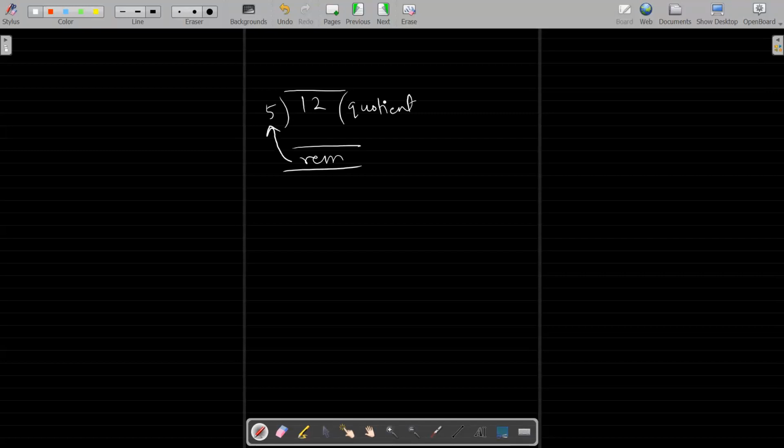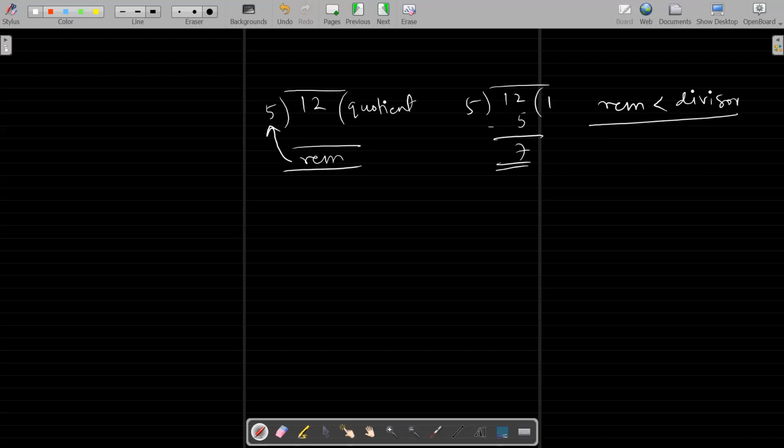Right? And in my first example, 5 ones are 5, remainder was 7. So it's not that close to 12. Is that fine? So the one condition is the remainder must be less than the divisor. That is one condition, one rule. All of you agree? Yes, sir. Yeah. And secondly, when I divide 12 by 5, I should get some quotient and that remainder should not be negative. Can't be negative.